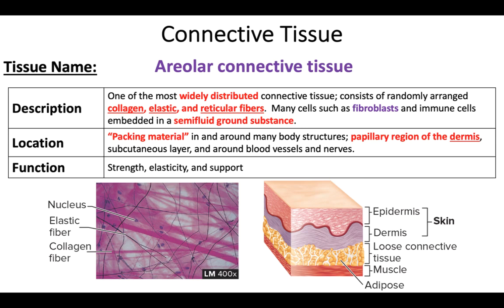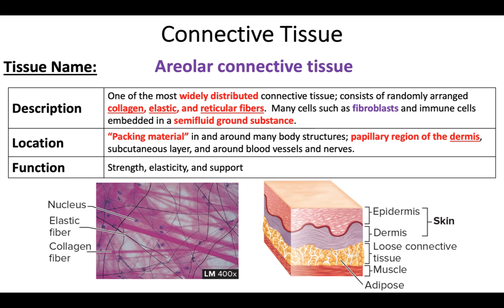Then we're going to talk about the dense connective tissues, and that's where the proteins are kind of packed tighter together, and there's three types of dense connective tissues. Then we're going to get into cartilage, and there's three types of cartilage. Then we'll get into bone. Like I mentioned, there's a couple types of bone tissue, and then we'll wrap it up looking at blood.